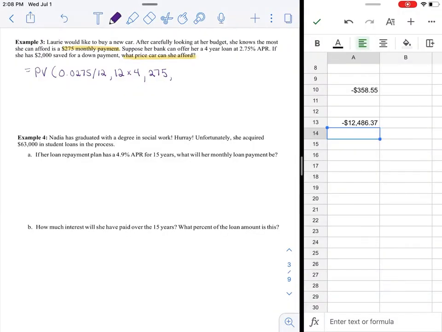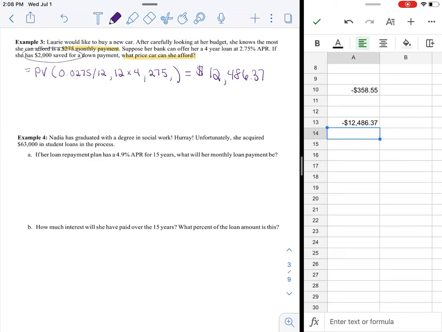So the loan she can afford, Lori, is $12,486.37. However, we have not used this piece of information where she has $2,000 saved.